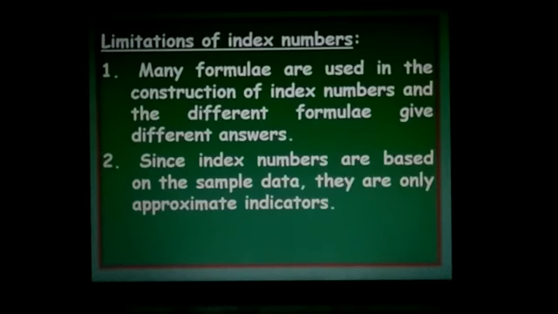Since index numbers are calculated based on some selected data from the population, they can be only approximate indicators. We cannot rely completely on this. Certainly, if it is calculated based on the population as a whole, we can certainly rely on index numbers also, but generally they are calculated using sample data. That's why this limitation has been given.